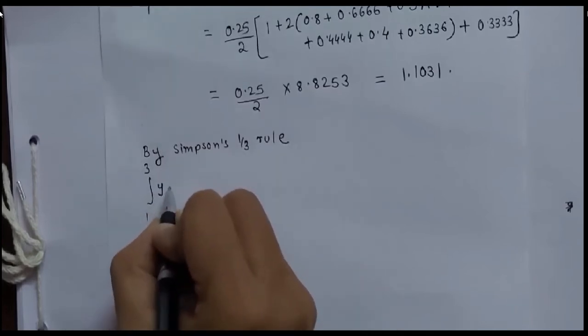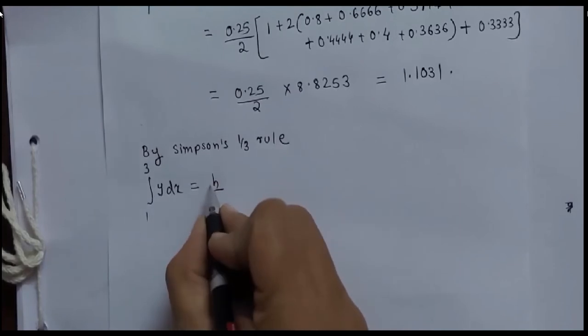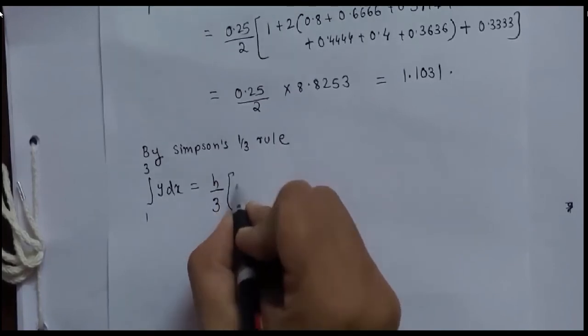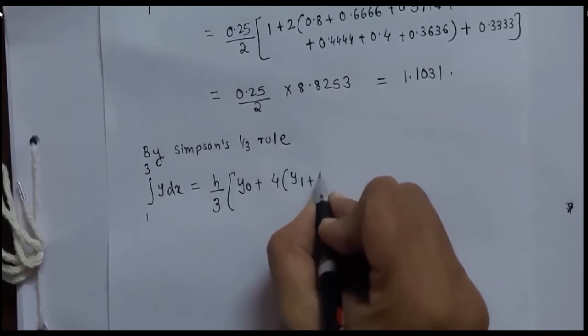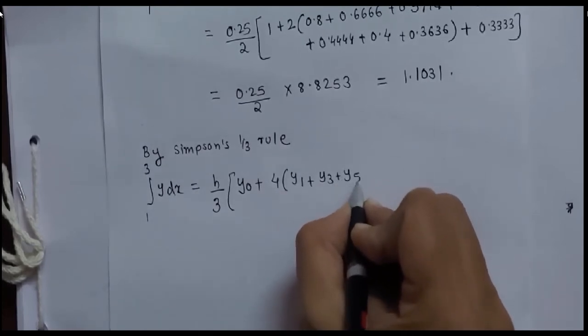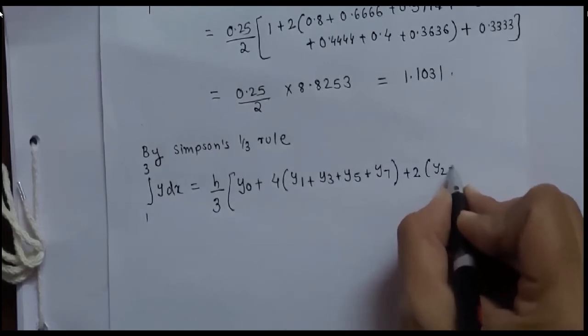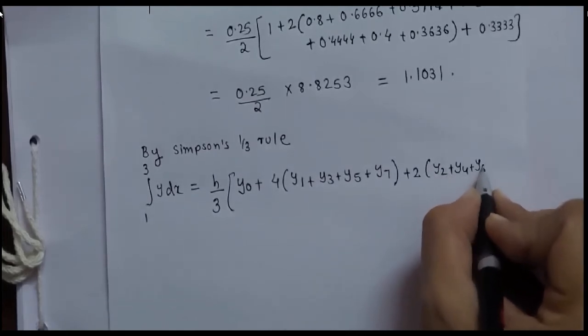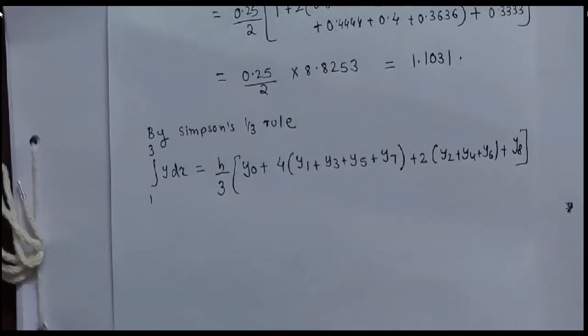This is our integral, and Simpson 1/3 rule says it is h by 3 times [y0 plus 4 times (y1 plus y3 plus y5 plus y7) plus 2 times (y2 plus y4 plus y6)], and y8 is outside of the bracket.